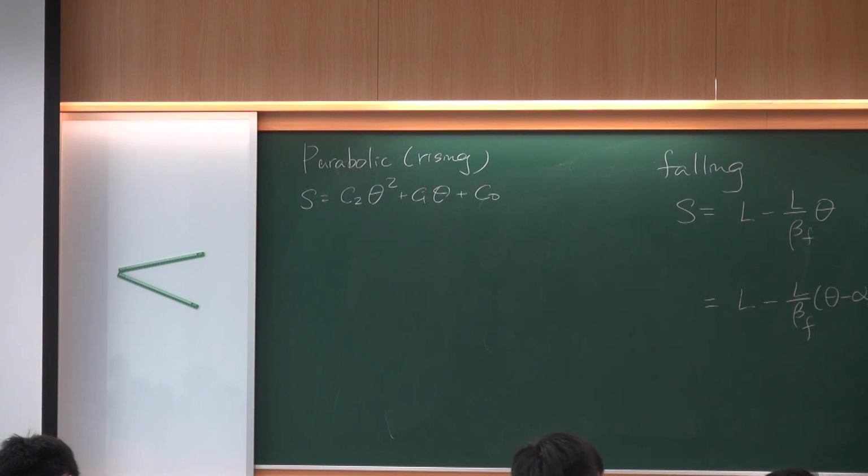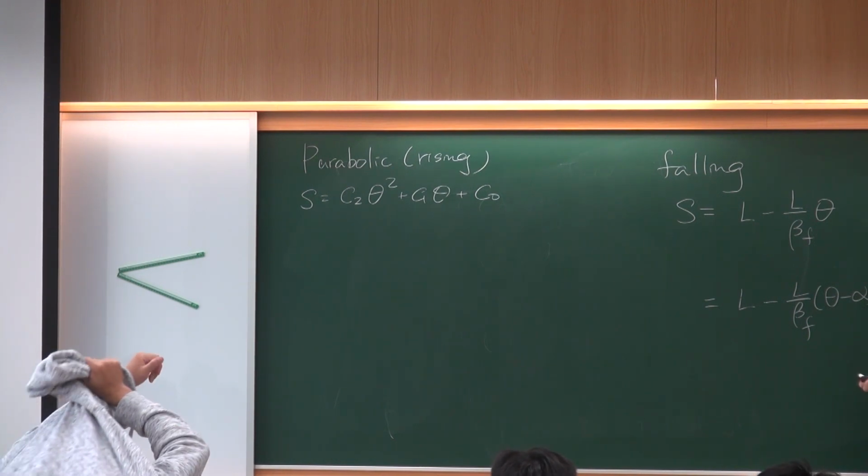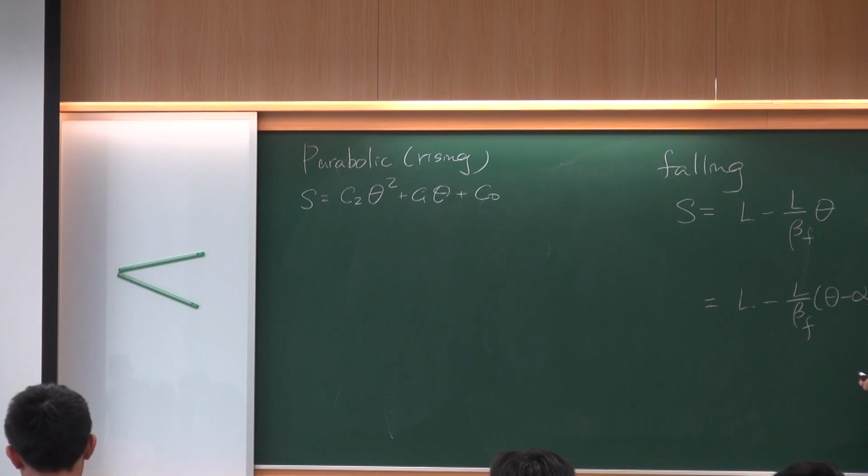So right now I'm setting this one as 0 and as beta. So from 0 to beta, the height will change from 0 to L. We need to meet this criteria first, and then we'll try to solve for C2, C1, and C0.